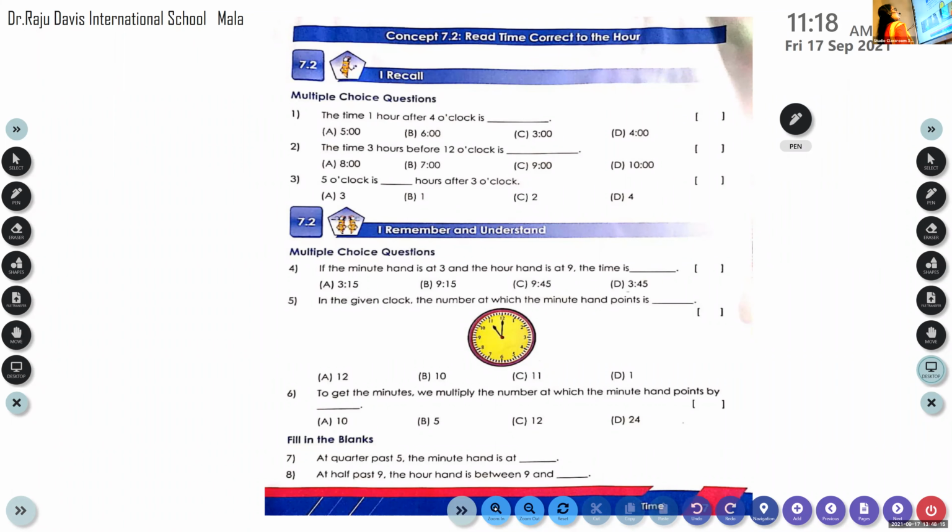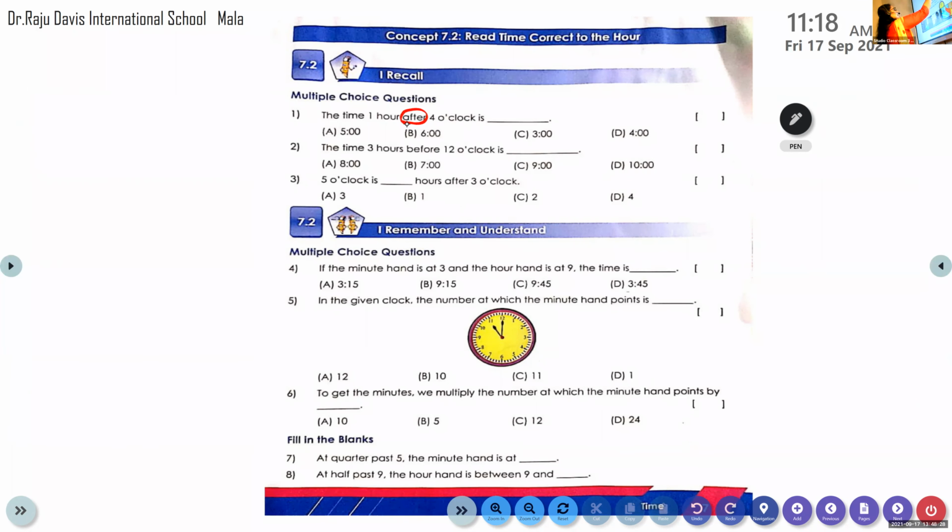First one, the time 1 hour after 4 o'clock. After means after 4. What is the time? So if after is there, what do you have to do over there? You have to add 1 to the time. If it is before, you have to go backward. If it is after, you have to go forward.